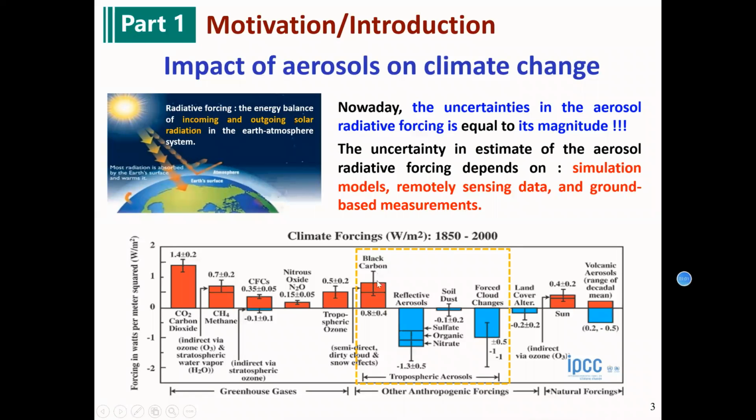The uncertainty in the estimate of aerosol radiative forcing is caused by the simulation model, remote sensing data, and ground-based measurement. Our work is focused on ground-based measurement, providing more accurate measurement of aerosol optical properties.